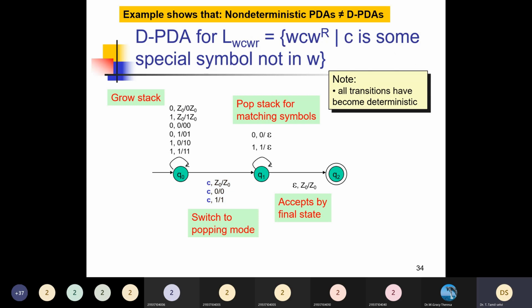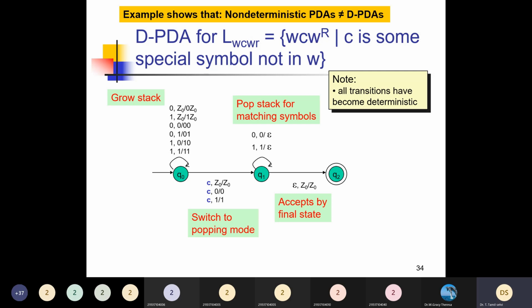And then here, W C W power R, the same language, but we have one separator symbol in between the string and its reverse. We have C here. In this type of language, first you have to push all the string up to C into the stack. While reading the C, we need not perform any operation on the stack.